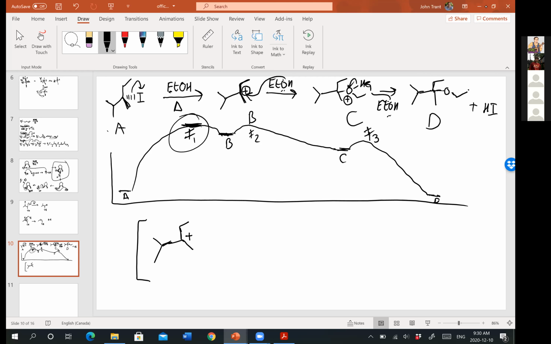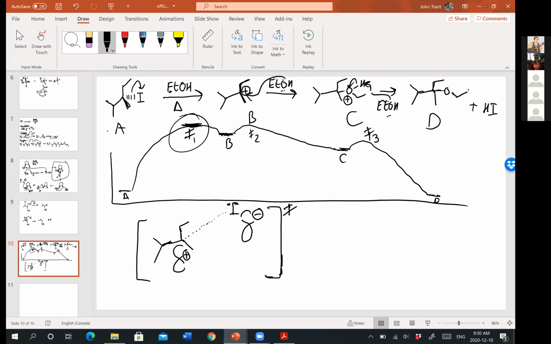Okay. So you're going to have a big delta plus. It's not quite a full positive yet, but it's well on its way. We could write a big delta plus. Big is relative. Let's write big. There we go. And so it's mostly delta plus, and that iodine is well on its way to being gone, but it isn't gone yet.